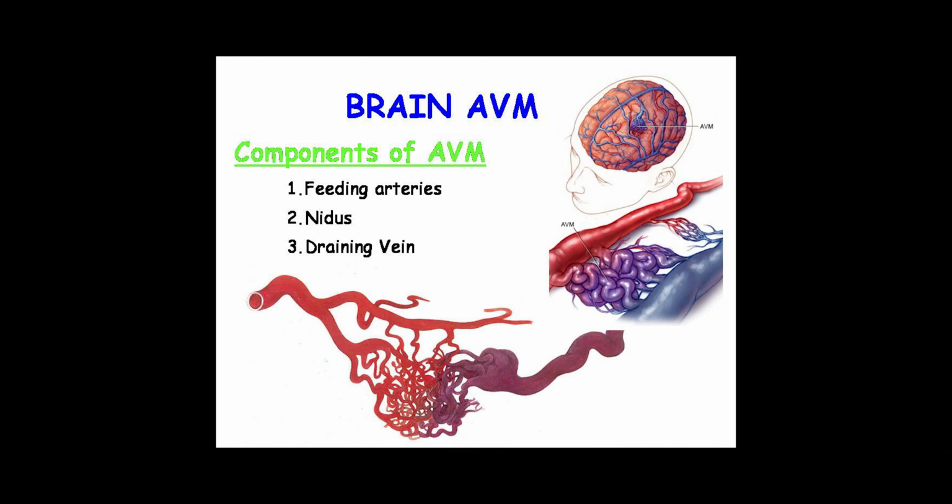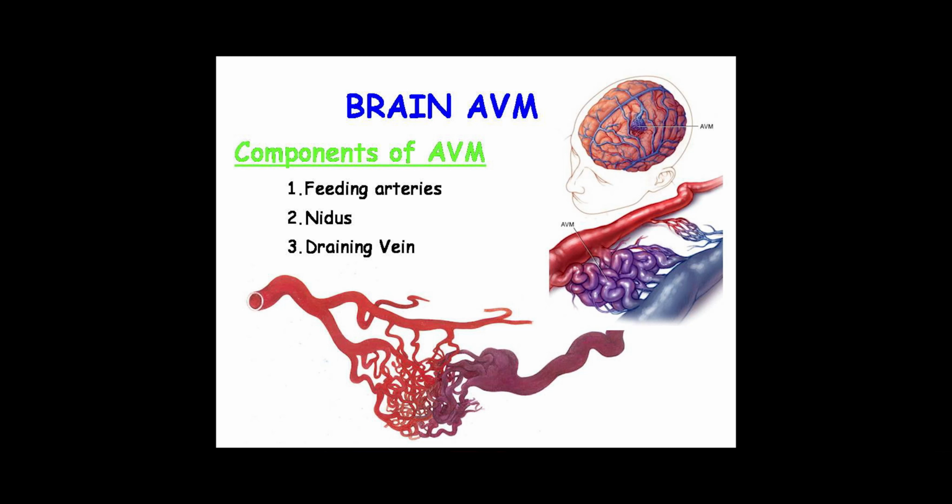These are supplied by the abnormal arteries and drained by an abnormally enlarged vein. So this is how an AVM looks. In the slide, this is a cartoon of a small AVM on the surface of the brain. It can be situated anywhere, in the deeper areas of the brain as well.